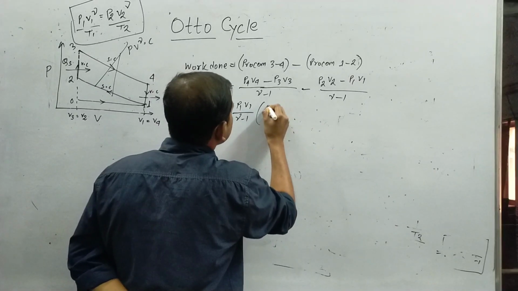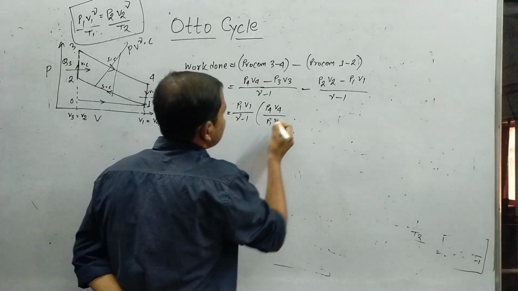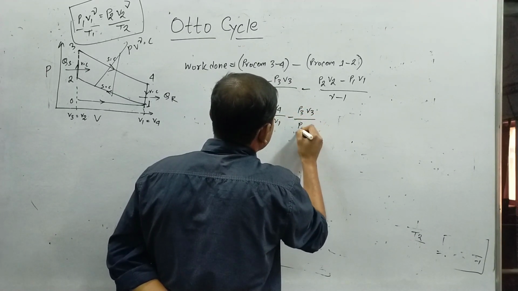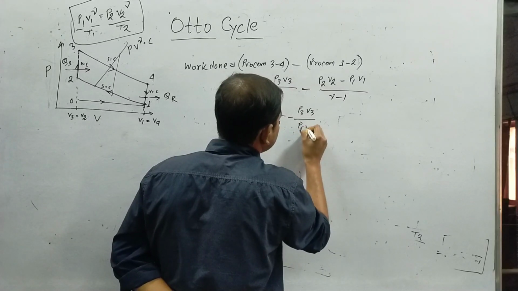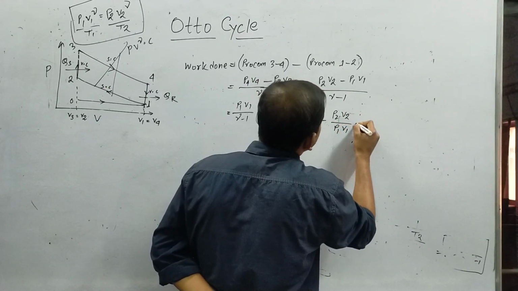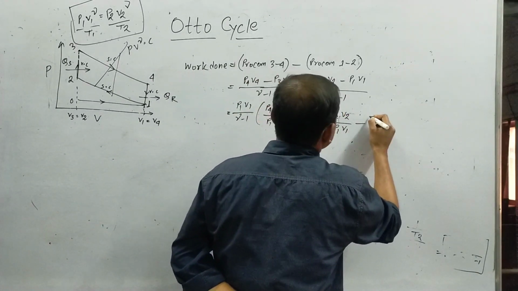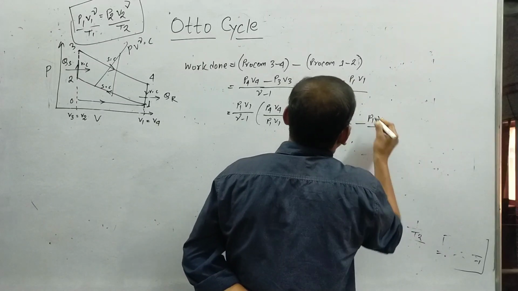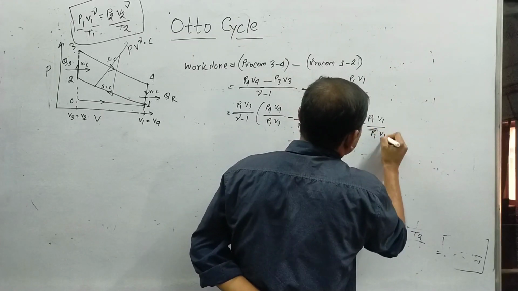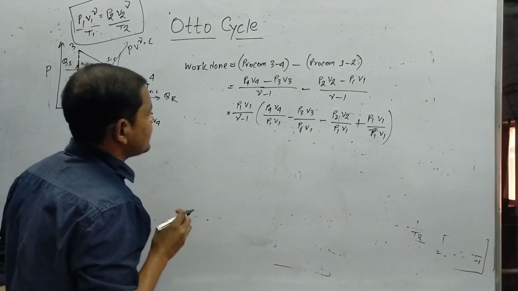Then it will become P4 V4 by P1 V1, and then minus P3 V3 by P1 V1, minus P2 V2 by P1 V1, and then again, this will become P1 V1 by P1 V1, and this will become plus, because this is minus, that will become plus.